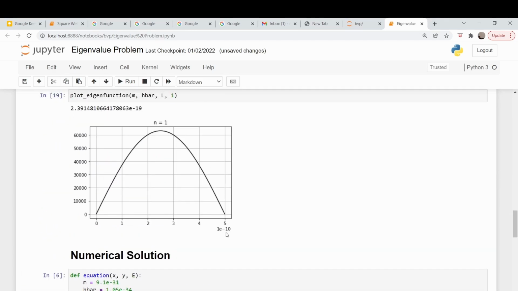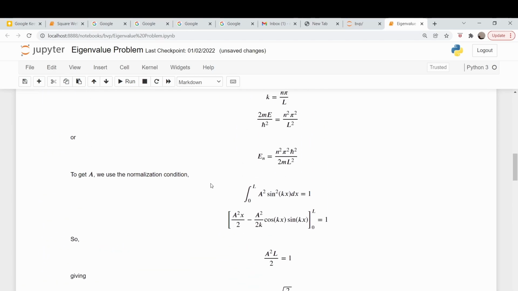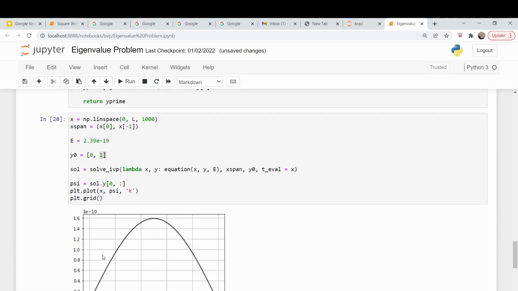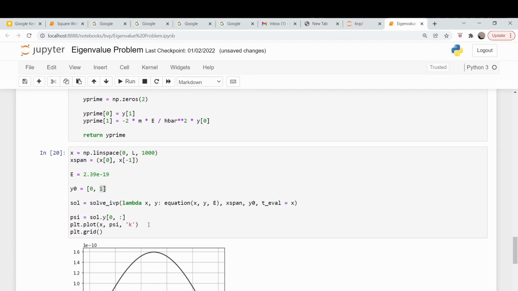So to get our final solution, now that we have the energy, all we need to do is normalize this by our normalization constraint, which is up here. I wrote it. Well, that's it for the analytical solution. We just have to do it numerically now and divide through. So let's come down here again and normalize this to get our actual function.